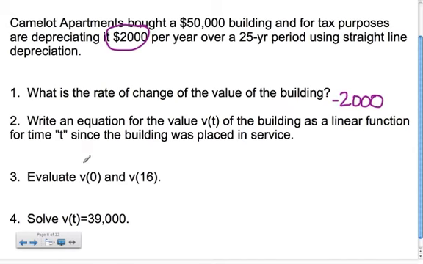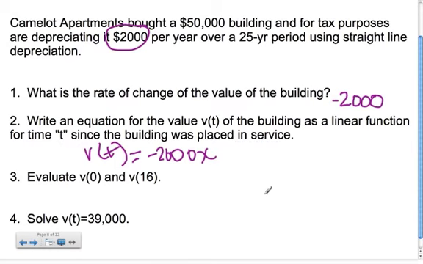The second question is asking to write an equation for the value V of t of the building as a linear function for time since the building was placed in service. So V of t equals, my rate of change was negative 2,000, which is also my slope.